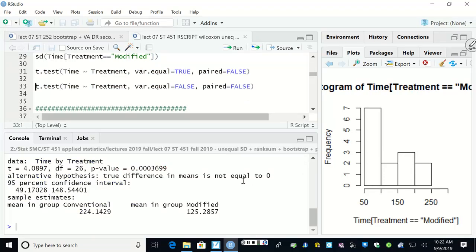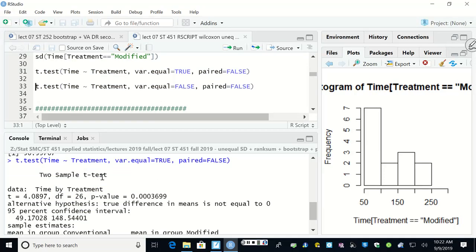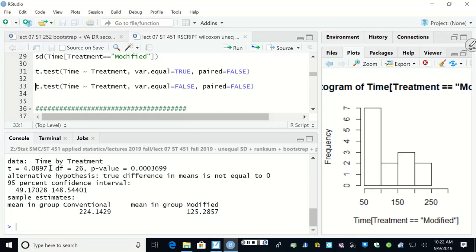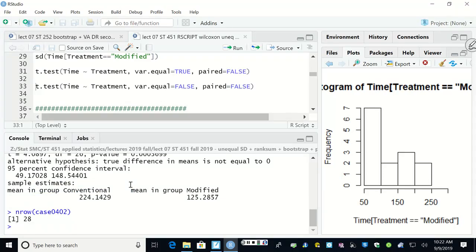If it's equal, we get the two sample t-test. The t-value is 4.09. Degrees of freedom are 26. The case study has 28 rows, so it was N1 plus N2 minus 2, which is 26.